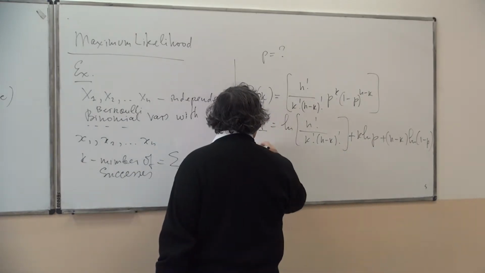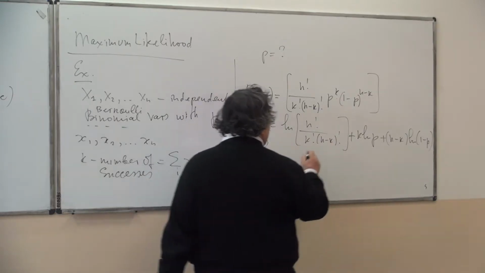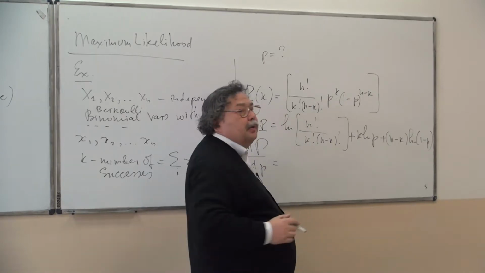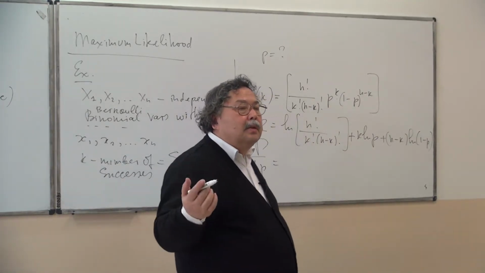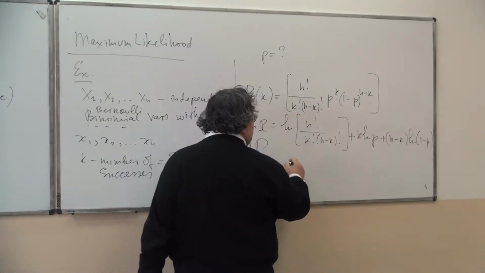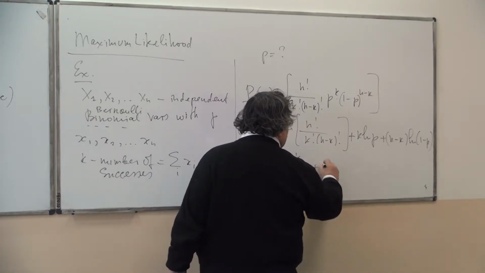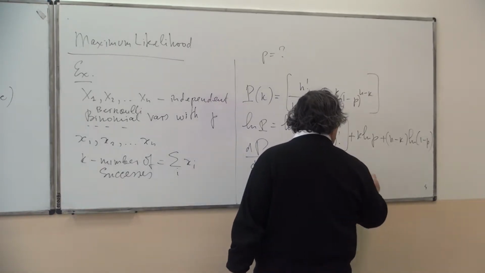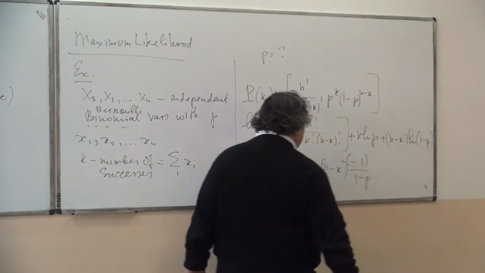Well, this first term doesn't depend on p, so in terms of p it's a constant, and it doesn't make any contribution to the derivative, and this is k over p plus n minus k over minus 1 minus p.